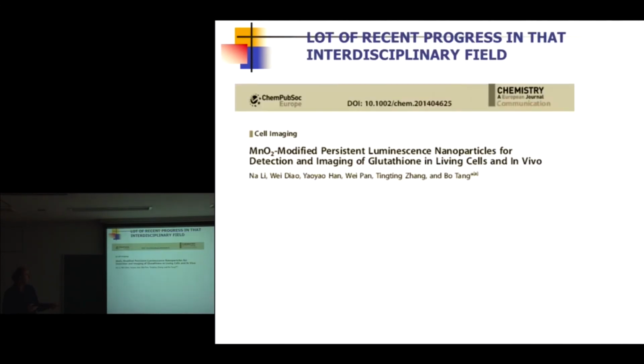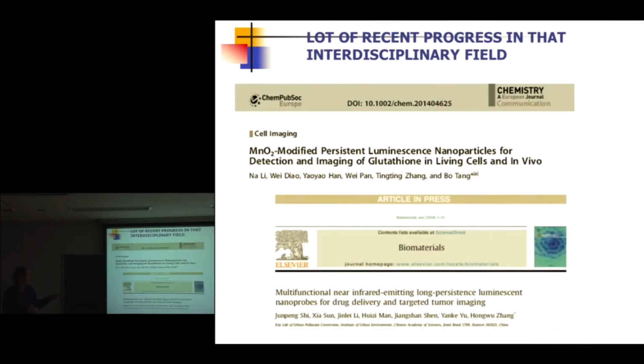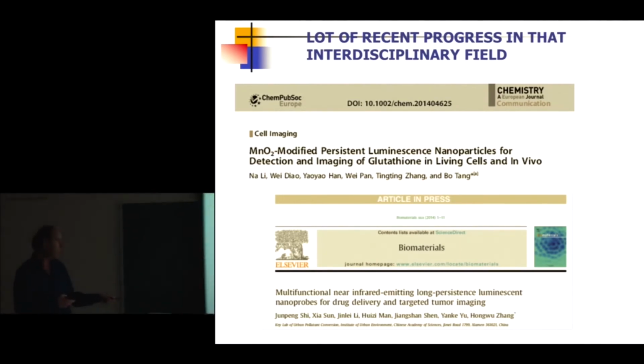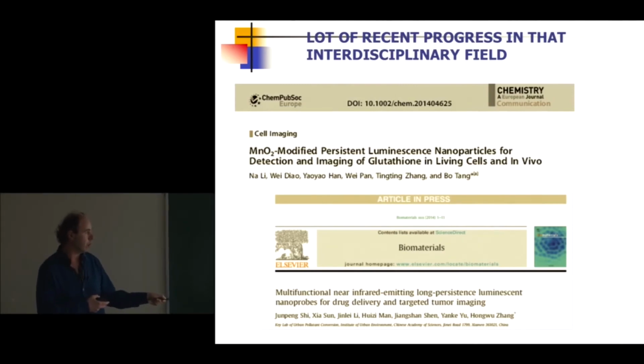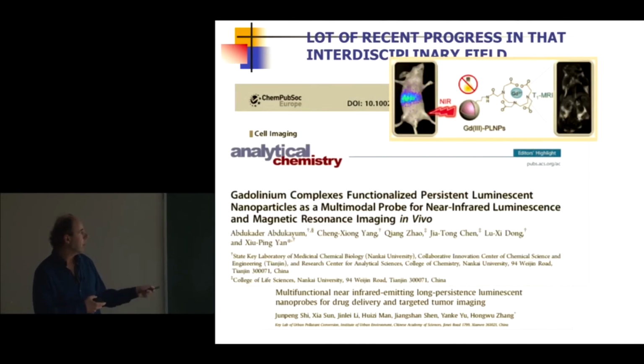So that was 2 examples. Of course, I would like to finish by showing you that there is a lot of new work on this kind of thing: for instance, in vivo and living cell imaging using persistent luminescence, drug delivery and tumor targeting, multimodal persistent luminescence and NMR nanoparticles.